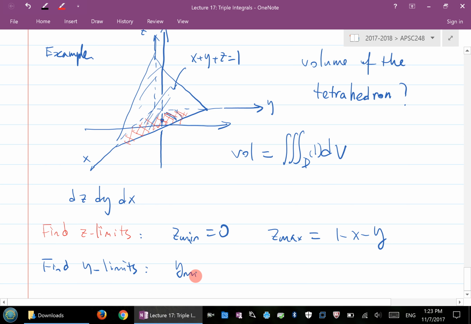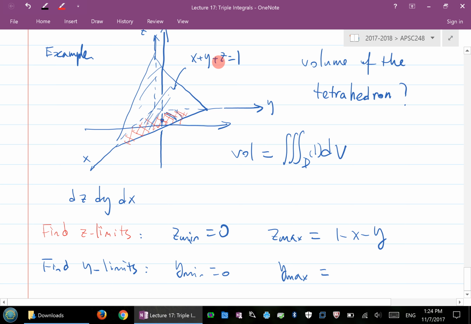So y min is 0, and y max is not that obvious, because you know it's on this line here, but what is the line equation? How do you get it?